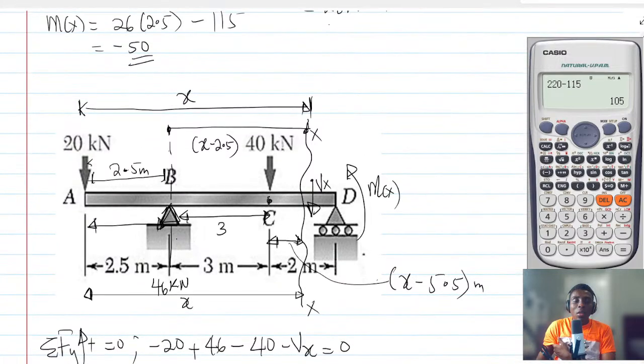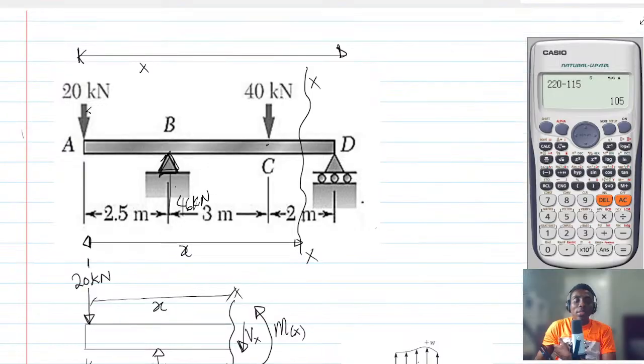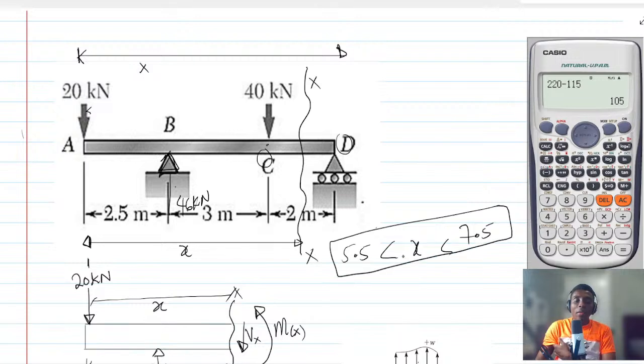Now watch this. We have cut between x from C and D. So C and D is going to be from x equals, so x is between 5.5 and then 7.5.